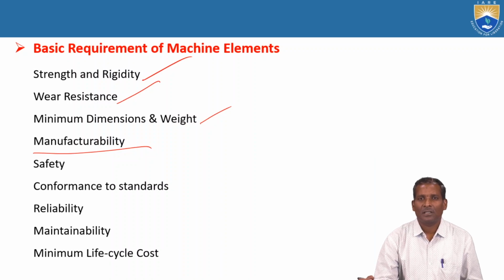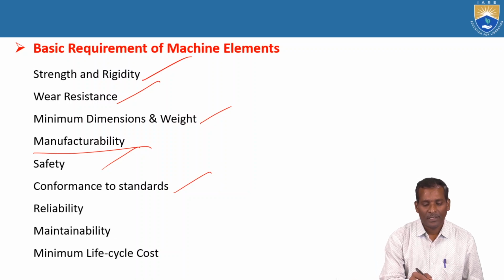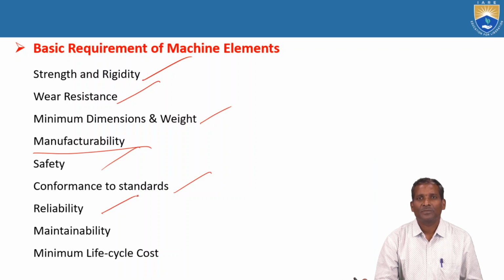Manufacturability means casting, machinability, forging, etc. All these processes come under manufacturability. Then safety, and then conformance to standards. Always use standard components and standard dimensions. And reliability. This is also a very important requirement for machine elements.